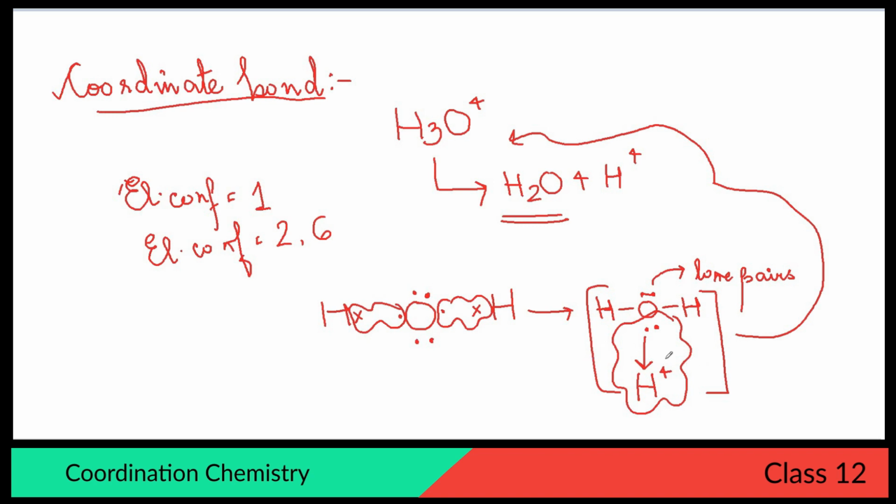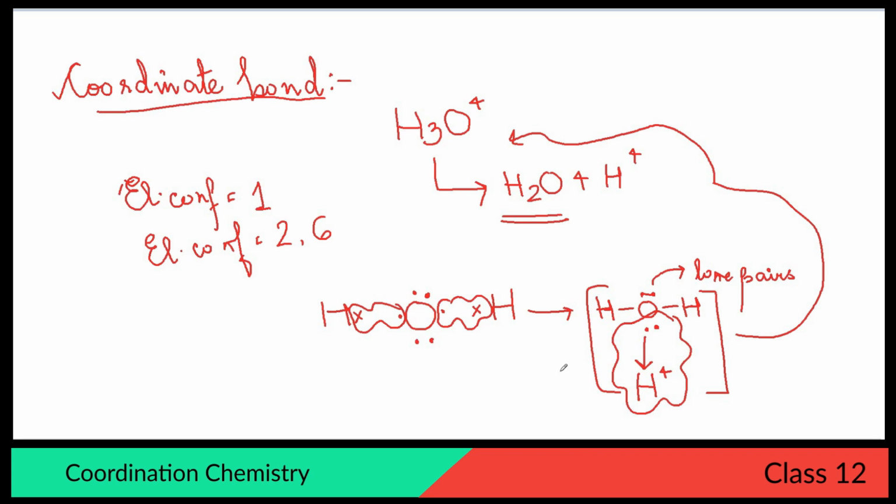And compounds which have bonds like this, shown by simple arrows, which are not so-called permanent bonds, are actually referred to as coordinate compounds or coordination compounds, and that's where our topic starts, right? So coordination chemistry is that branch of chemistry which deals with compounds having coordinate bonds, right?